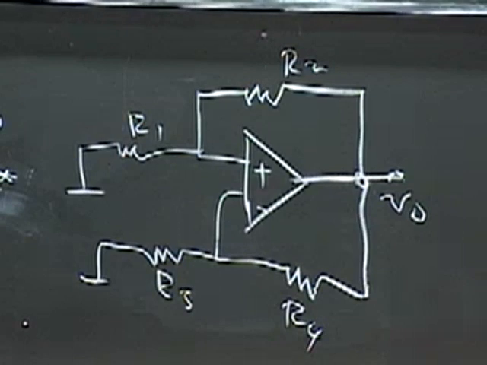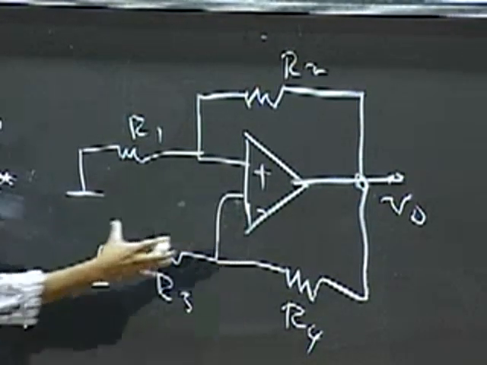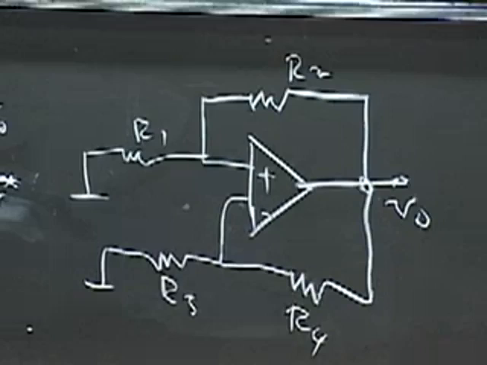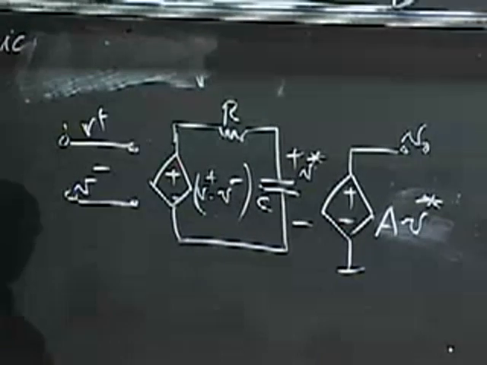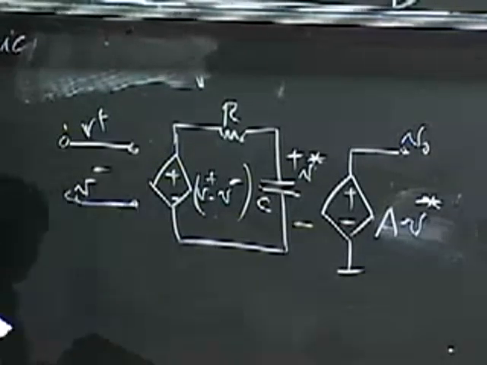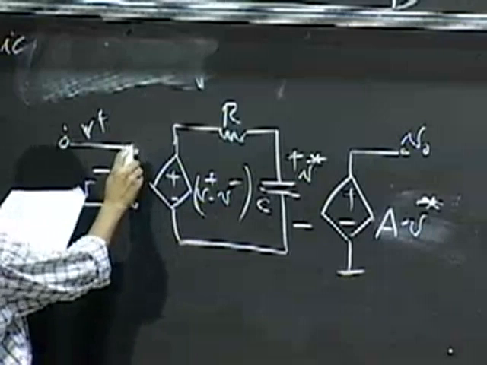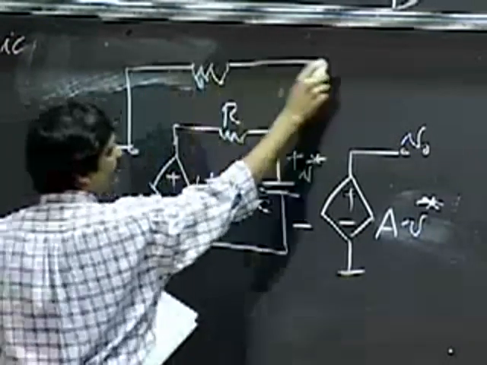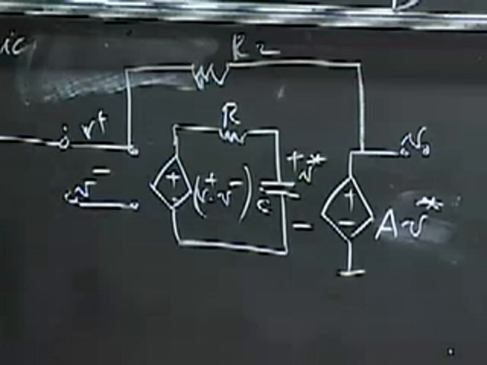Okay? So what I'd like to do is impose this circuit on top of this op-amp model. So to save myself some effort, let me just go ahead and modify this circuit directly. So I get an R2 here and R1 here.